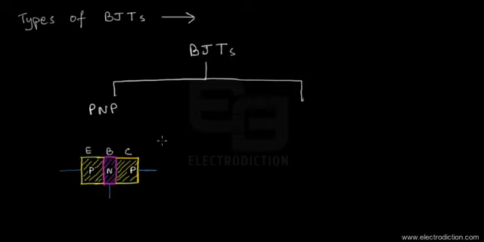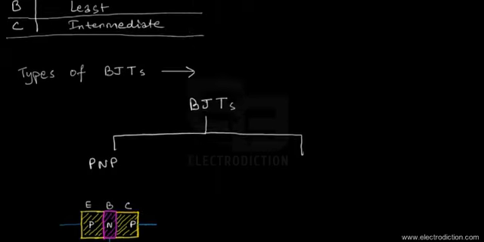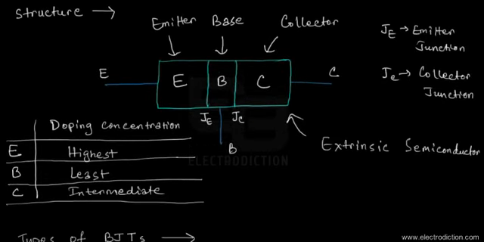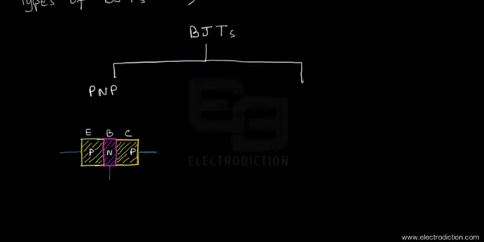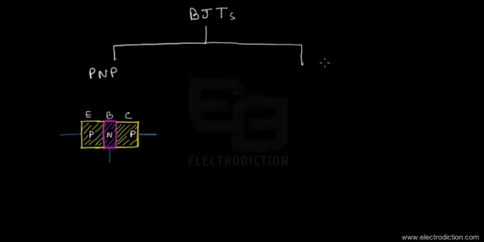As you can see in this diagram, as I had previously shown you, BJTs have three different sections inside their extrinsic semiconductors, known as the emitter, base, and the collector respectively. Similarly, the PNP type of BJT has a similar structure, but if we are classifying BJTs based on their doping profile, then there are two variants.